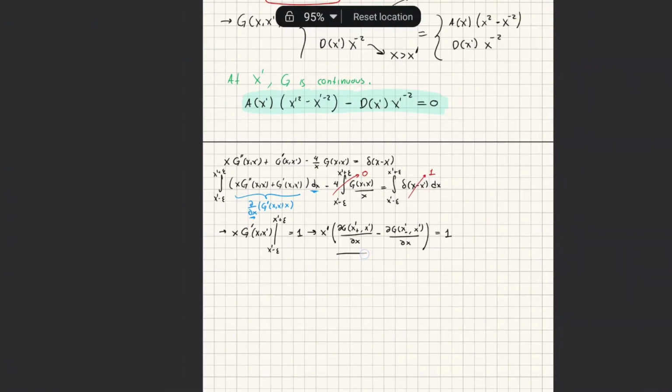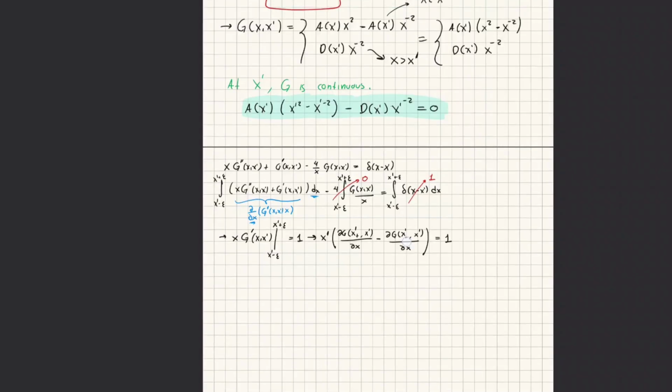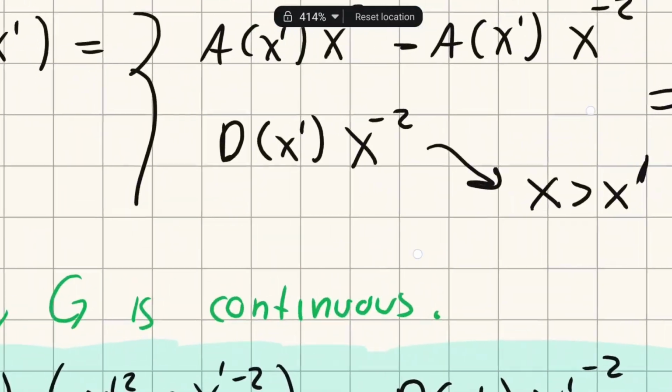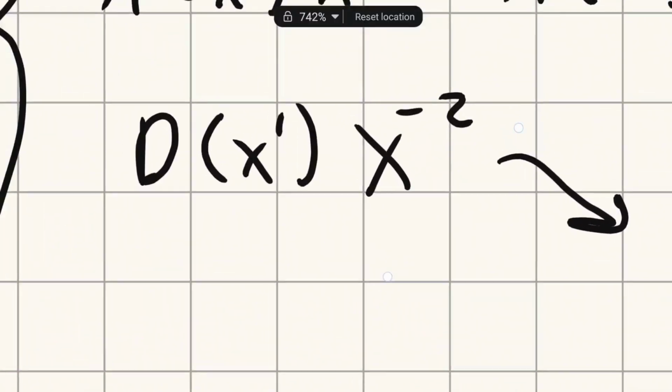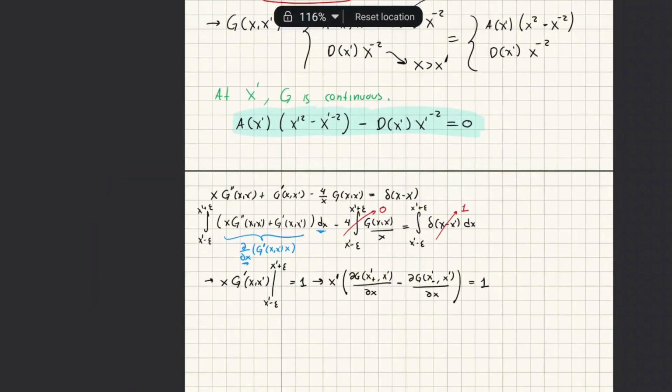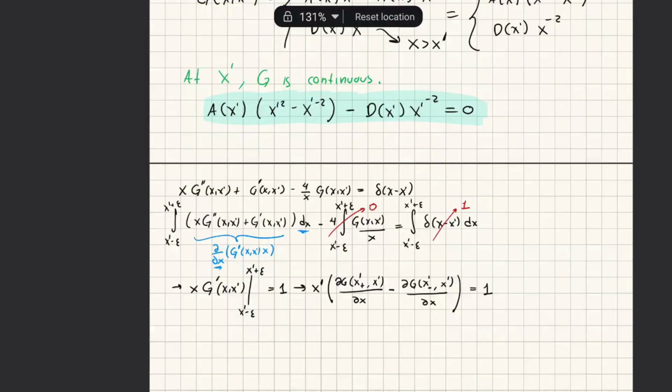So in this case, for example, we are going to take the derivative with respect to x of g from the right. So we need to take the derivative of this function over here and then evaluate at x prime, right? So what will we get if we do that? First of all, let me take this x prime to divide here. So we are going to get the next d of x prime and then minus 2x to the negative 3.